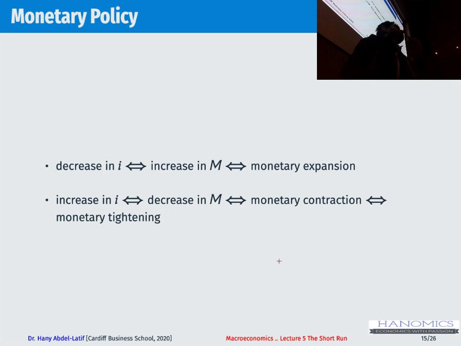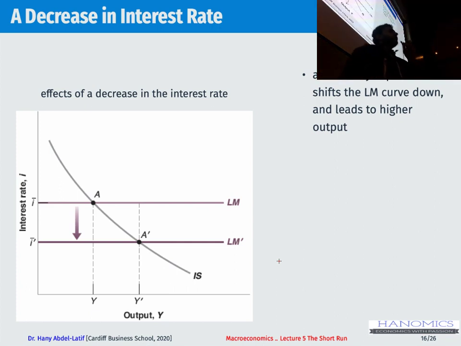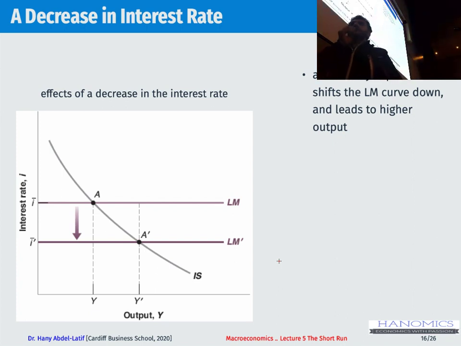Remember? So what should we think about first? Which side will be affected by this change? Is it going to be the goods market or the money market? That will tell you which curve will be affected mainly by this change. Is it IS or LM? In this case, let's say there's a decrease in interest rate.